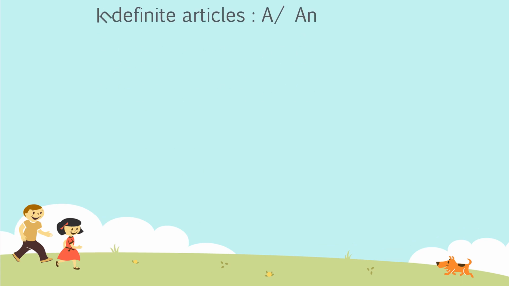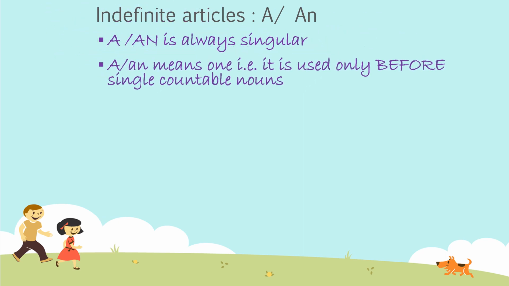Now, what is the meaning of a and an? A and an mean one. That is, a and an are always singular. This also means that they are used only before single countable nouns.